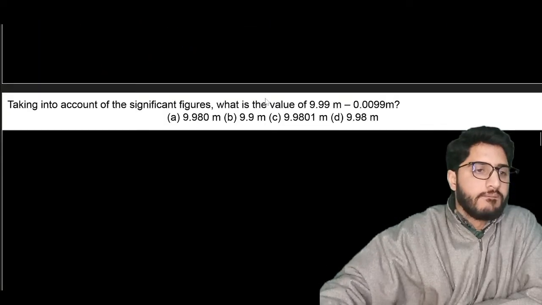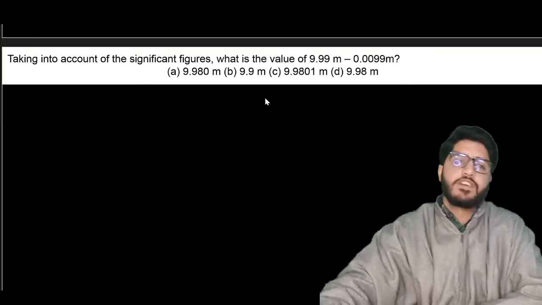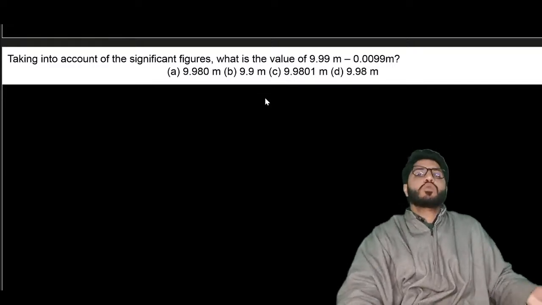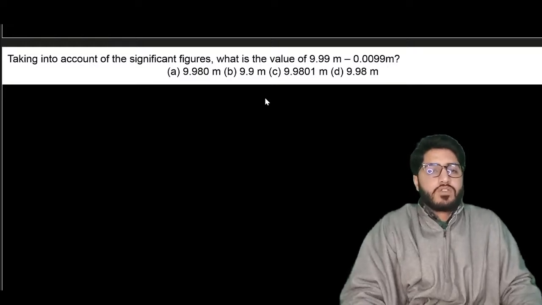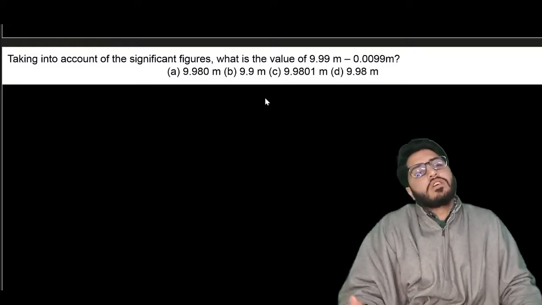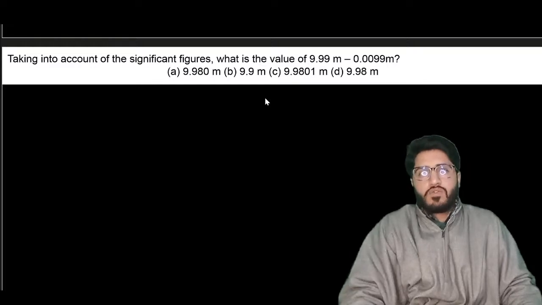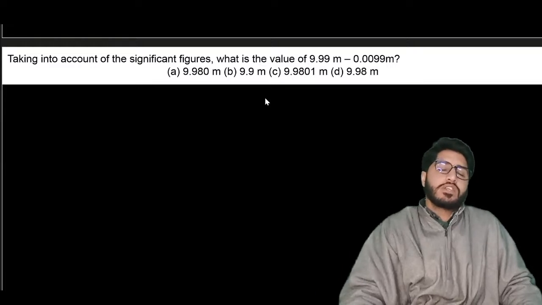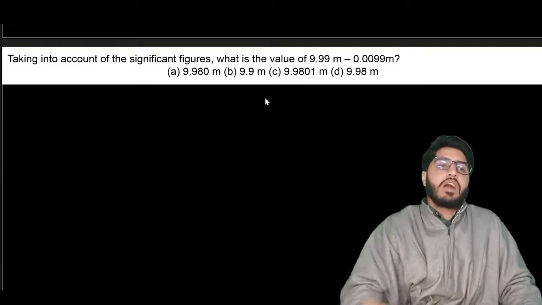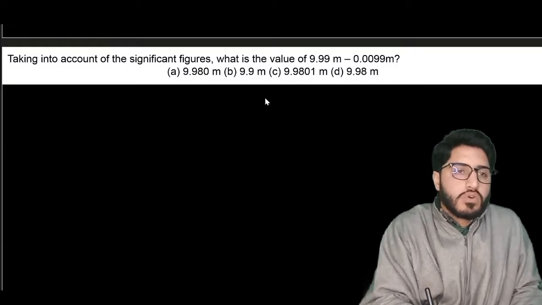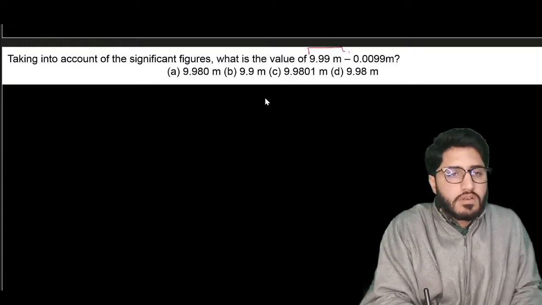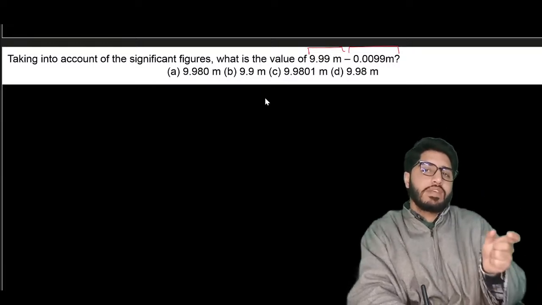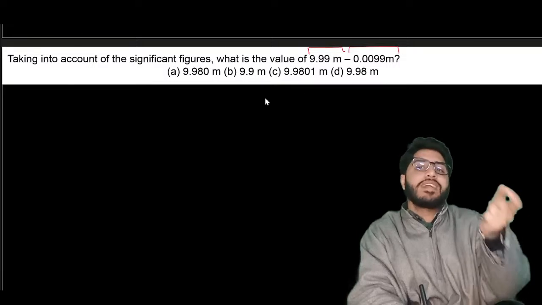Okay, and the next one is from significant figures. So we have to subtract two numbers, right? We don't need to do the exact subtraction. We just have to recall the rules that we used to remember in our 11th class. Because it's significant figures, we have to look at these two numbers and find out where we have the least number of decimal places.